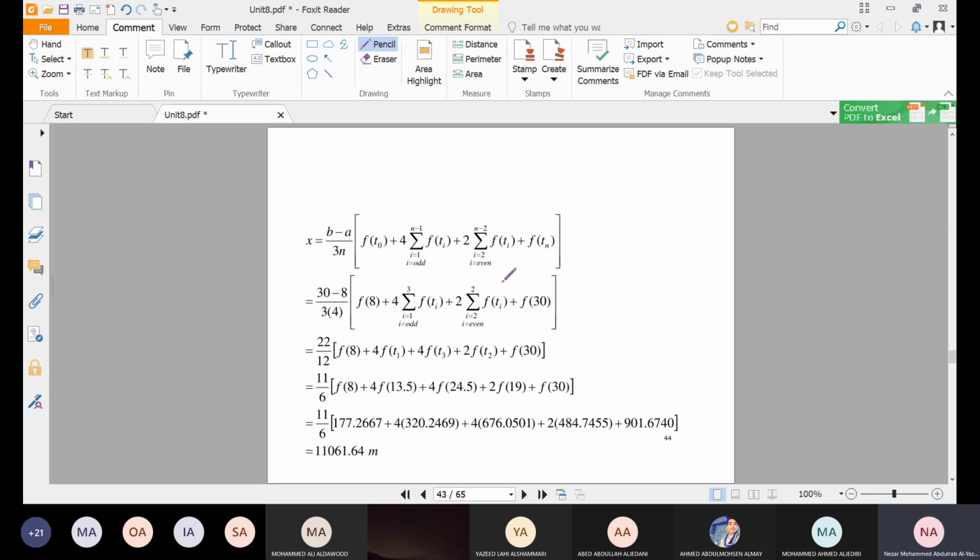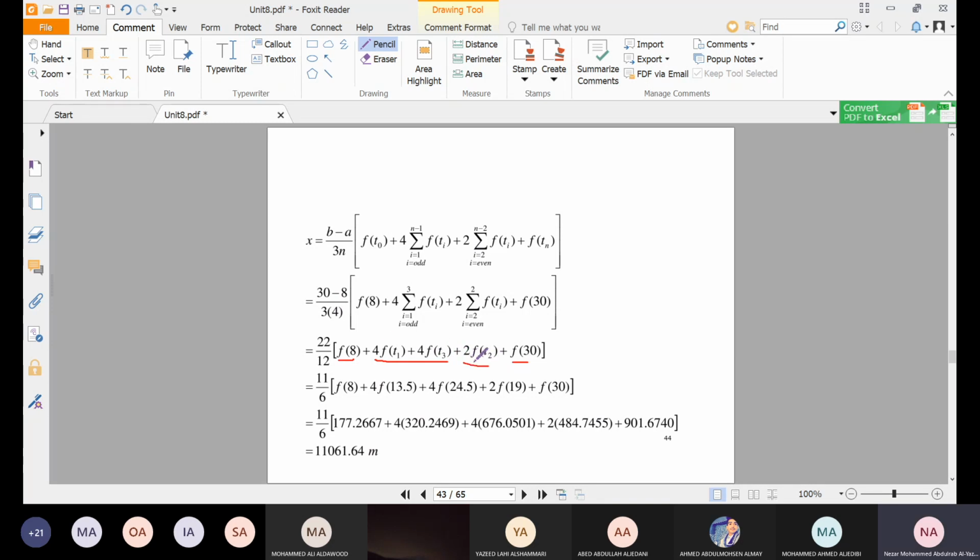If we substitute directly in the formula, we have (b minus a) over 3 multiplied by n, and then n is 4. Here this is x0, and this is xn. These are the values of the odd points: we take 4 multiplied by f at t1, and 4 multiplied by f at t3, because these are odd.